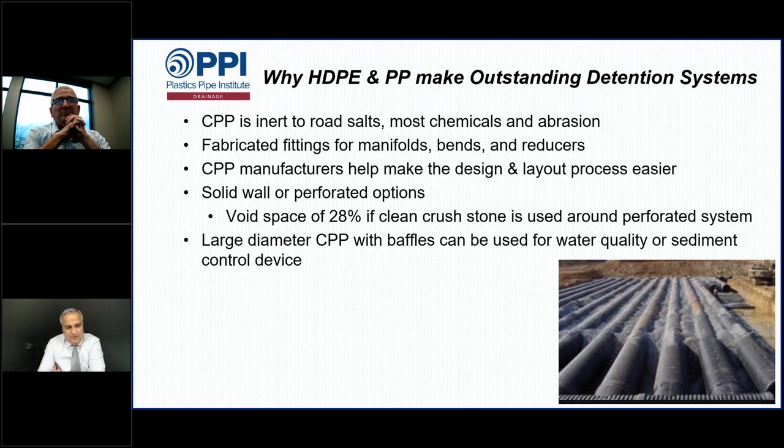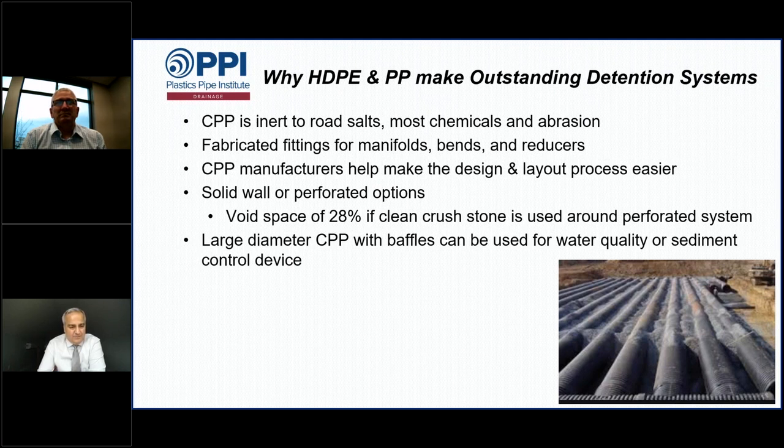Kevin just talked briefly about water quality, but large diameter corrugated plastic pipe can be fabricated with baffle plates to supply some type of sediment control. And I think for an underground detention system, certainly one where you're using the void space in the stone, you will need some type of water quality device at the front end to centrally collect sediment as a minimum, so that when you have the opportunity to clean out, you can do it without having to clean out every single run.